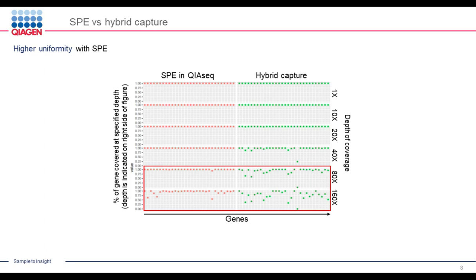So if I look at the very first row at 1x, you do see fairly uniform coverage, whether you're using single primer extension approaches or hybrid capture approaches. And the same is true for 10x coverage, 20x coverage.